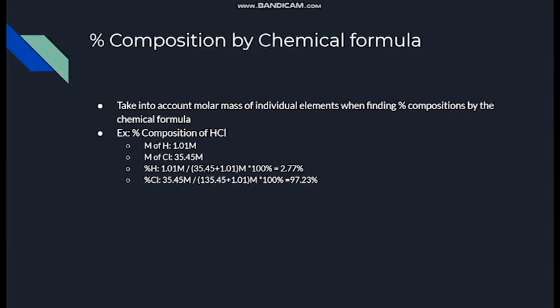Now, to find chlorine, we take its molar mass, 35.45, and divide it by the molar mass of the entire compound, and we get 97.23%, which is the percent composition of chlorine within this compound. And this is only if we're looking at the molar masses of the elements. We don't know the masses for this example.